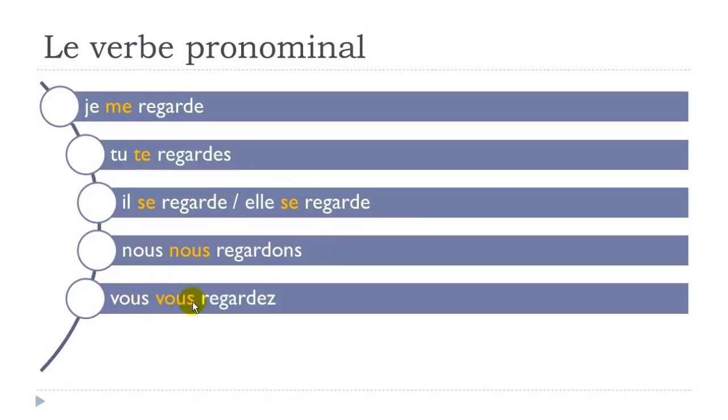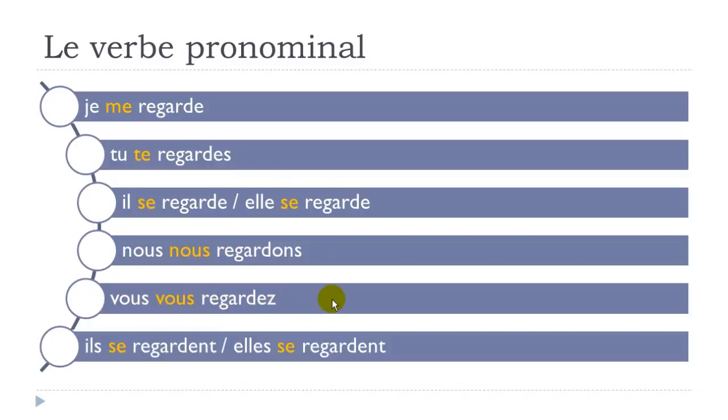Vous vous regardez. Il se regarde. Elle se regarde. So now you can see that you've got to add this me, te, se, nous, vous, se before the verb when you conjugate it.